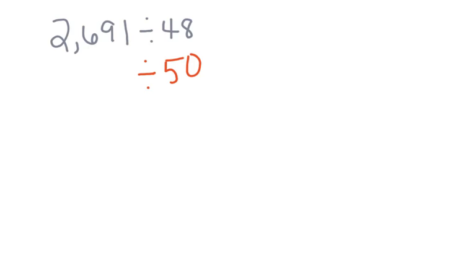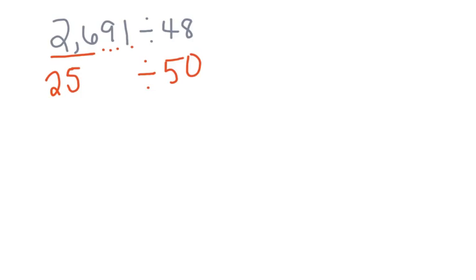Now I'm going to ask myself about those multiples of 50, which are also multiples of 5. And I like to look at the very first two numbers to help me figure that out. A multiple of 5 that is close to 26. Well, I instantly know 25 is a multiple of 5. That's really close to 26.